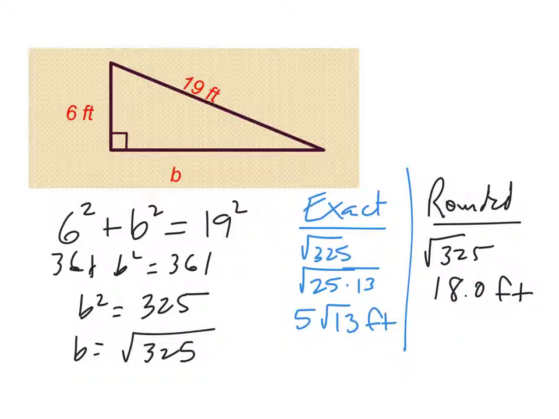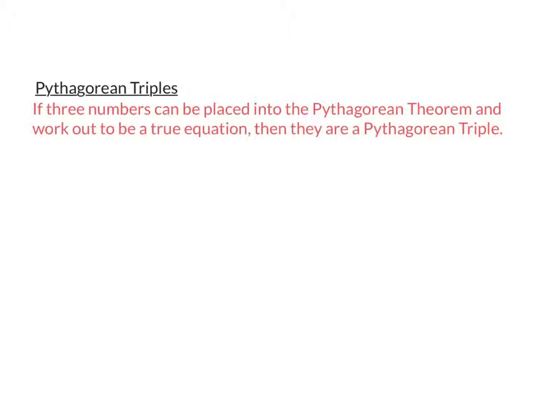All right, the next piece that you're going to have to do on the worksheet for today is determine if 3 numbers are Pythagorean triples. In order to be a Pythagorean triple, you have 3 lengths that will work when you plug them into the Pythagorean theorem. If the 3 numbers given can be placed into the Pythagorean theorem and work out to be true, then it's a Pythagorean triple.